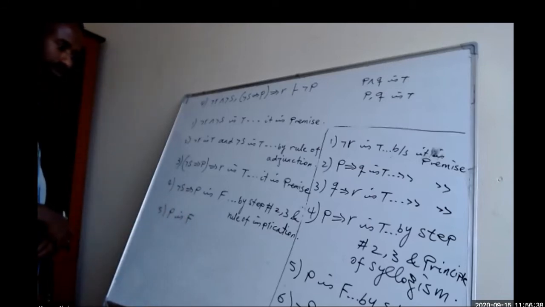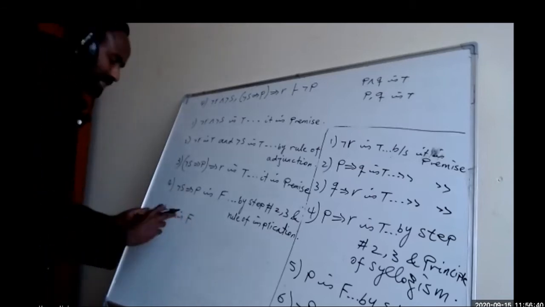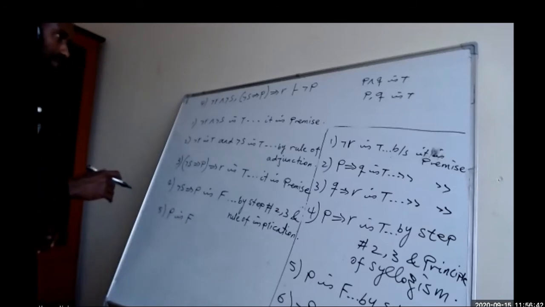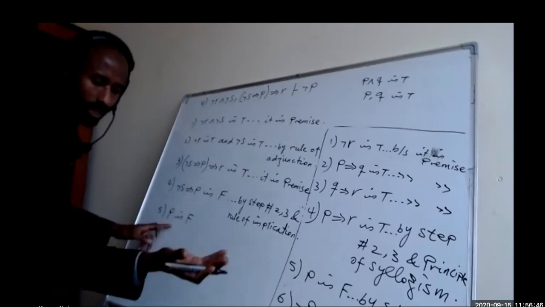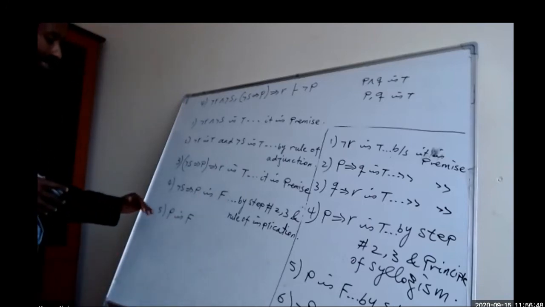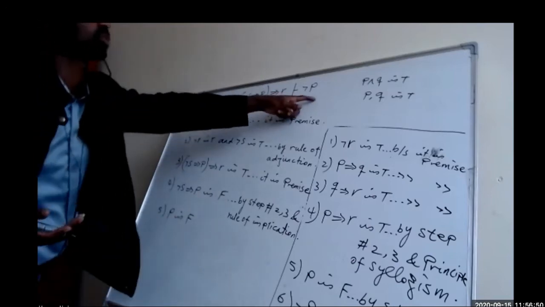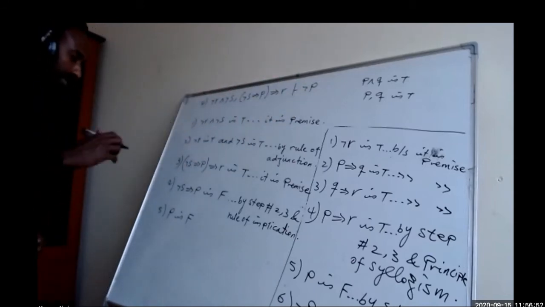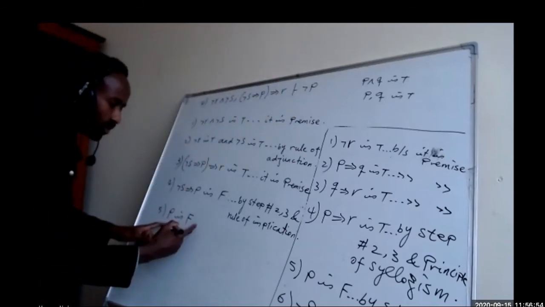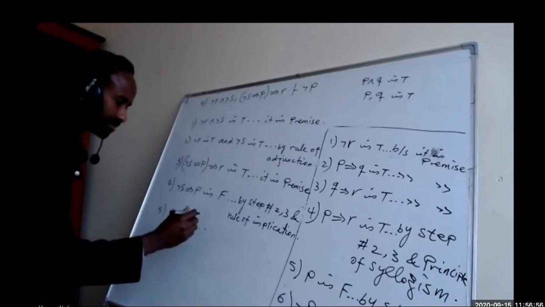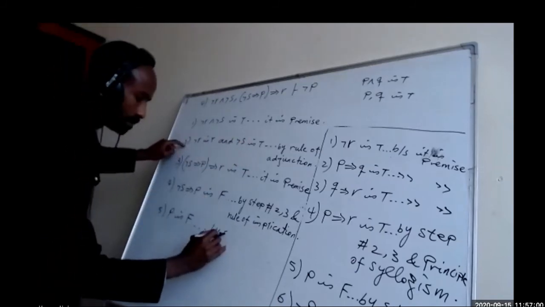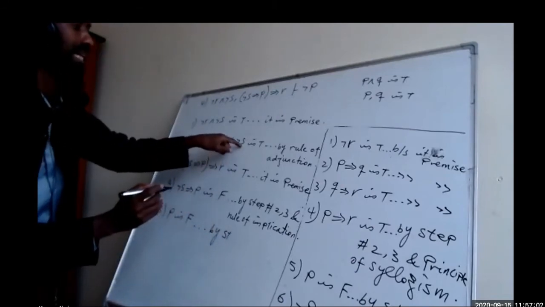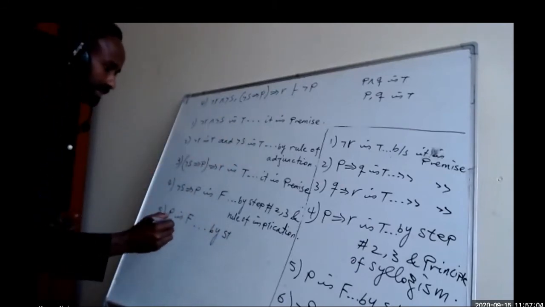P is false. So if P is false, its negation will be true, because the conclusion is negation of P. So P is false. Let us give the reason: step number 2 says negation of S is true.